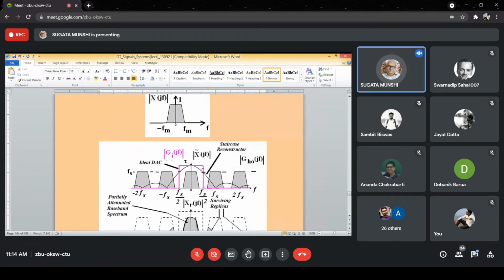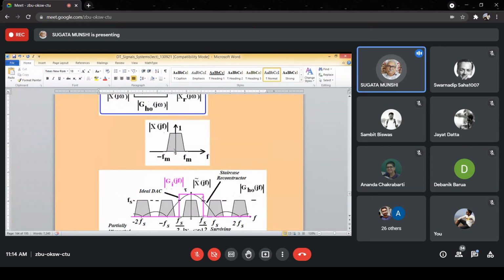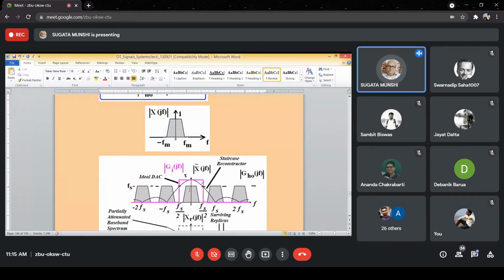So whatever I have drawn here, this one centered at f equal to 0 is the baseband spectrum, the spectrum of the original analog signal scaled by fs. Height is fs instead of 1. And those are the different aliases.